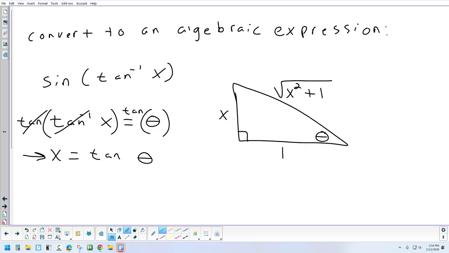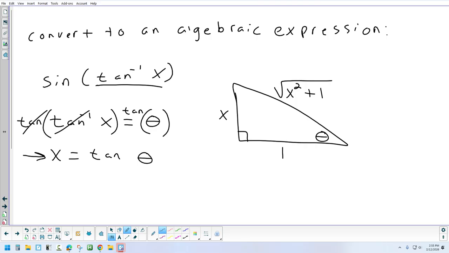Now we know all three sides. What trig function is it that they want us to figure out using the diagram we just made? Sine. Right? We're going to figure out the sine of what I just underlined in that picture.